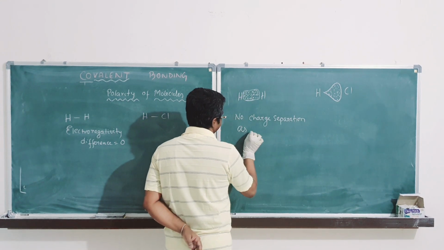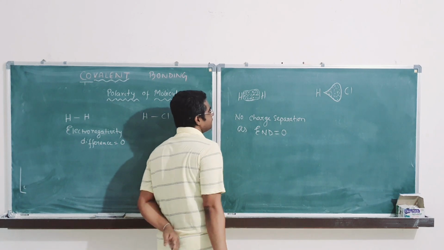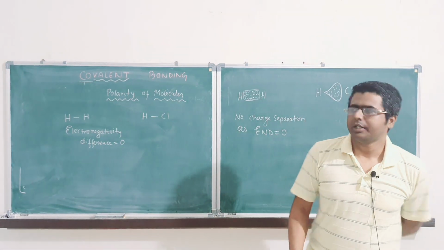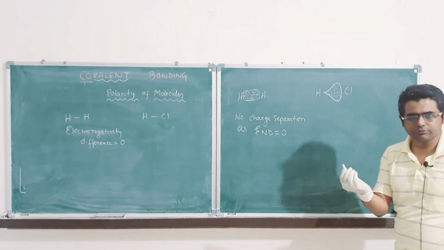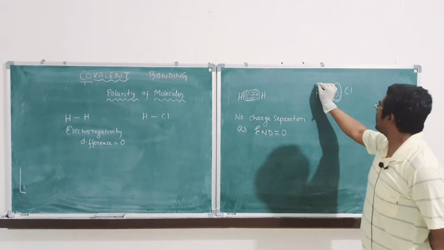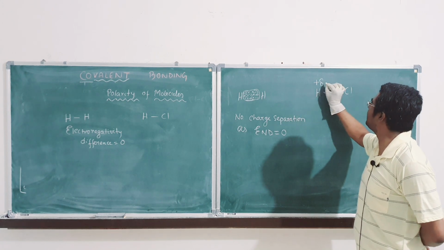So here you are getting no charge separation, as the electronegativity difference is 0. Okay? Here what happens? Hydrogen loses some charge, some amount of charge it is losing. So it acquires a plus delta. This is partial positive charge.